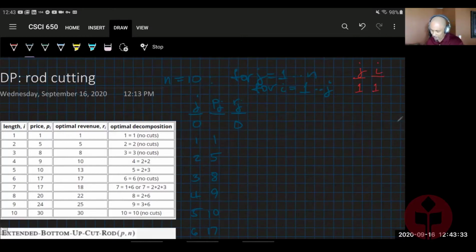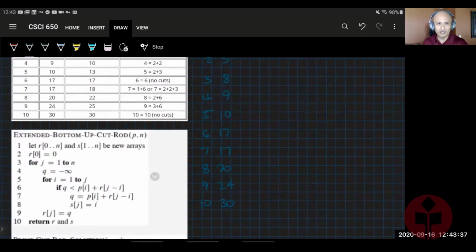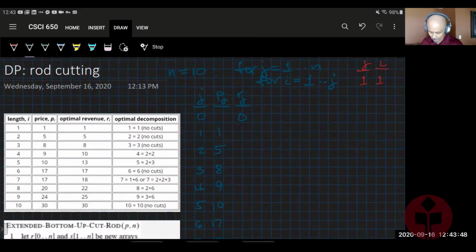So when j is 1 and i is 1, the pair that we're going to be adding is p of 1, and then r of j minus i will be r of 0. So if we look at our table, all we're doing is adding up this value and this value.